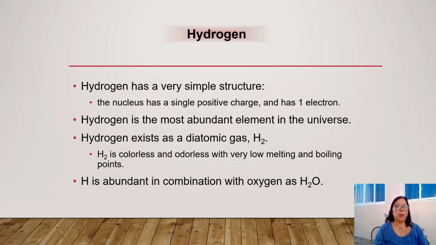Hydrogen is the most abundant element in the universe. It could play between organic and inorganic metals and nonmetals. Hydrogen is abundant in combination, especially with oxygen, wherein hydrogen and oxygen form the biggest volume of our planet, that is water.